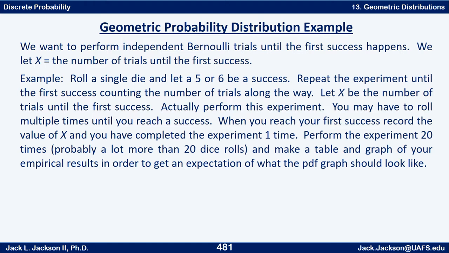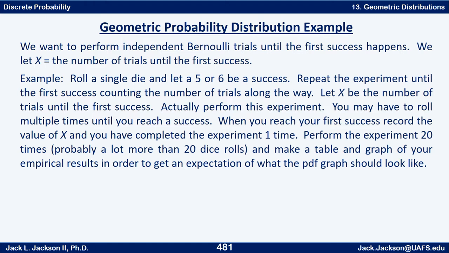Roll the die and see how many times it takes to get a success. So for example, suppose I have a die here, I roll, I get a 4, okay, failure. I roll again, 2, failure. Roll again, 5, success. I rolled 3 times to get the success, so x is 3. I've actually done the experiment once, and got x is 3.